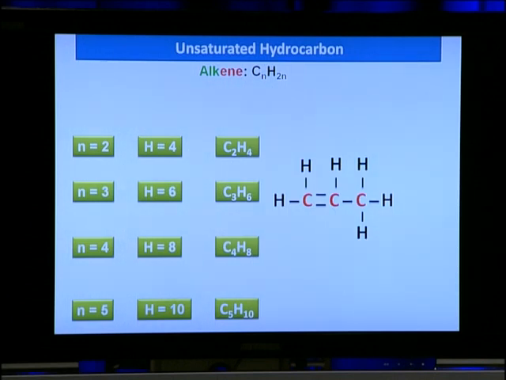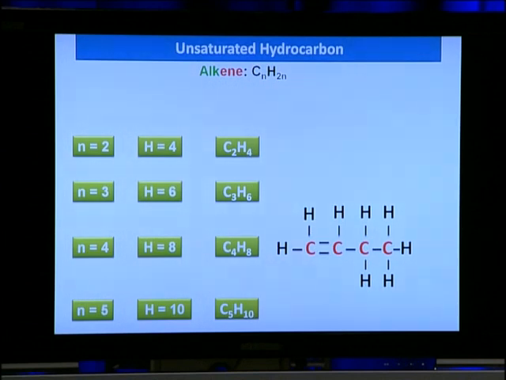This is the structure for C3H6, where again you will find a double bond between two carbon atoms. And this is the structure for C4H8, where four carbon atoms are linked to one another, but you also find one double bond between two carbon atoms.